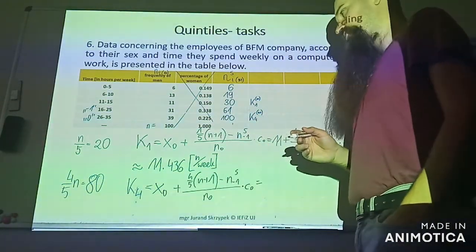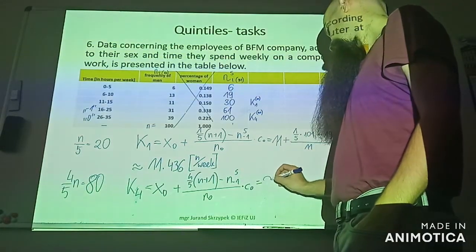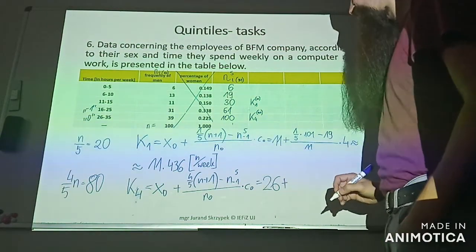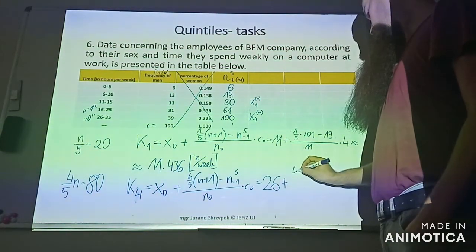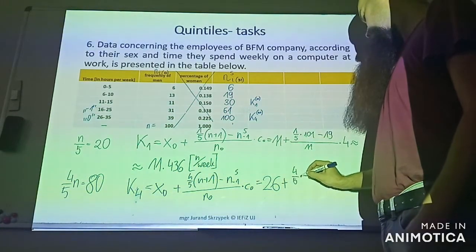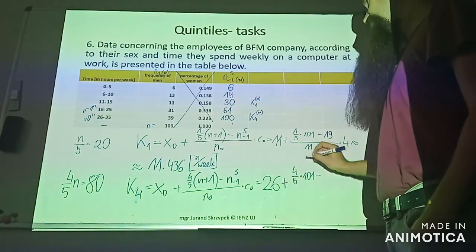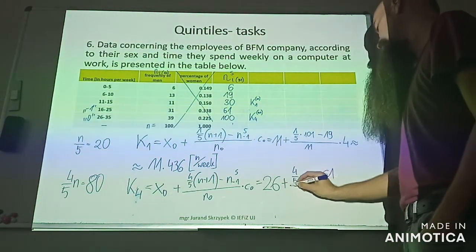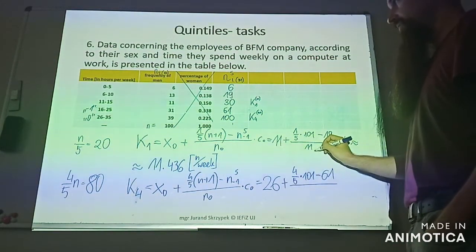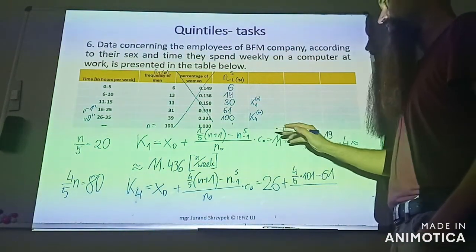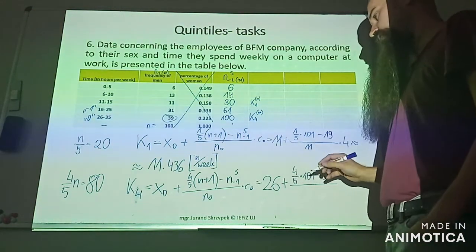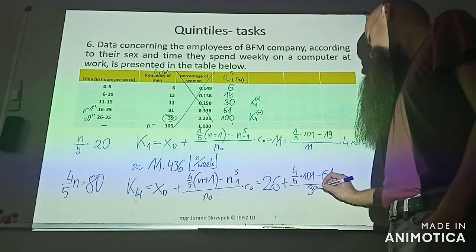The lower bound of this class is 26 plus 4/5 multiplied by 101 minus the cumulative frequency from the previous class, 61, divided by the frequency from exactly the class of the fourth quintile, 39.